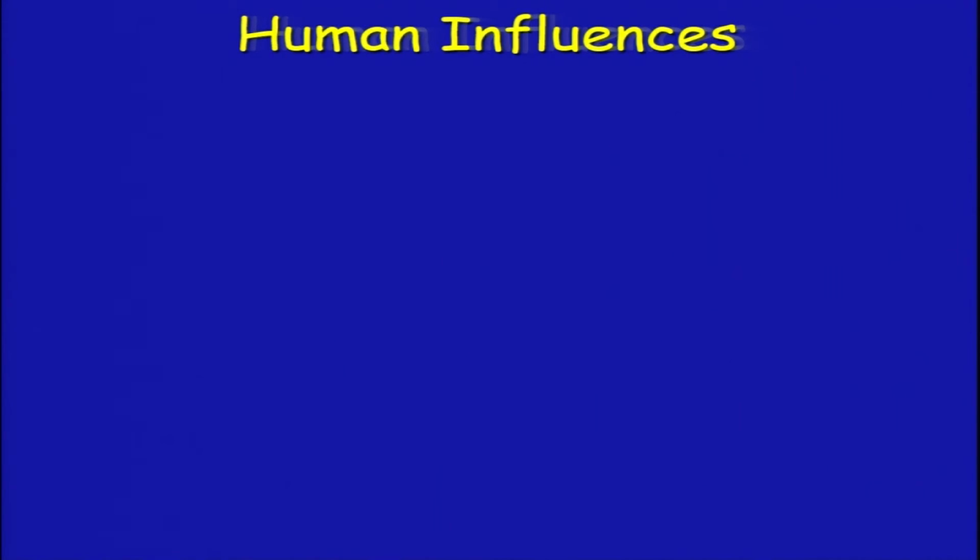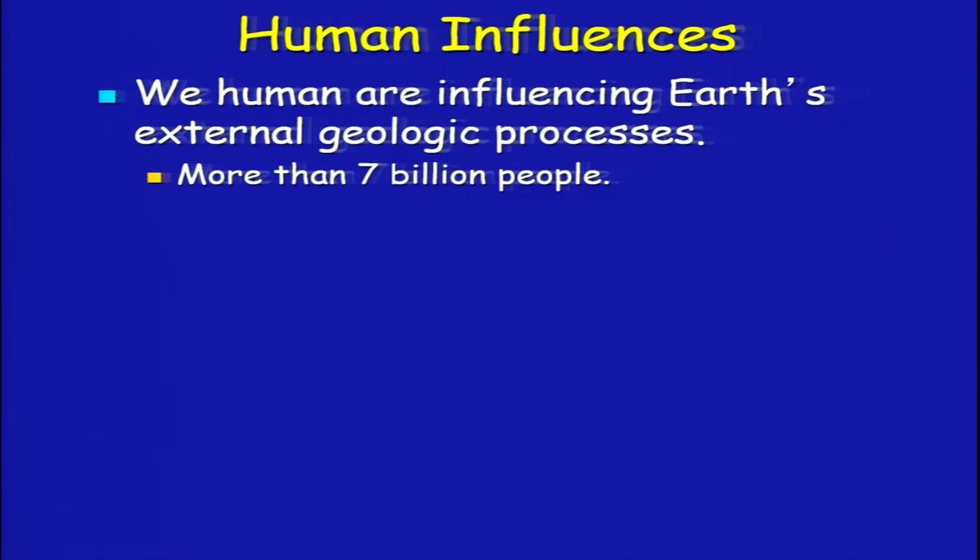Human influence: basically we are influencing Earth's external geological processes. We can't interfere with or influence the internal processes, but we are influencing the external processes mainly. More than 7 billion people are on Earth.